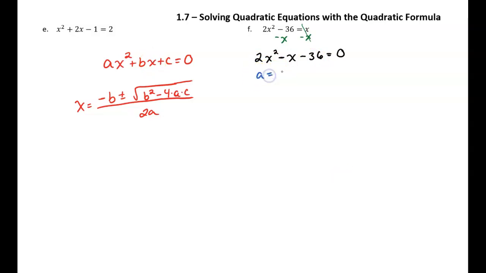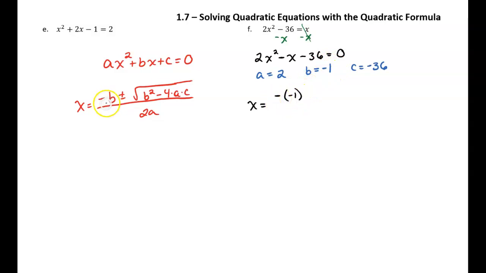So then we can pick out the a, our b value, our c value. So a is 2, b is -1, c is -36, and we can go ahead and plug into the quadratic formula. So here we go. We'll have x is equal to negative of a -1. Here again, there's a b that's a negative.